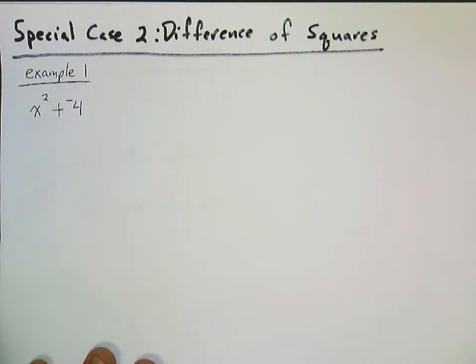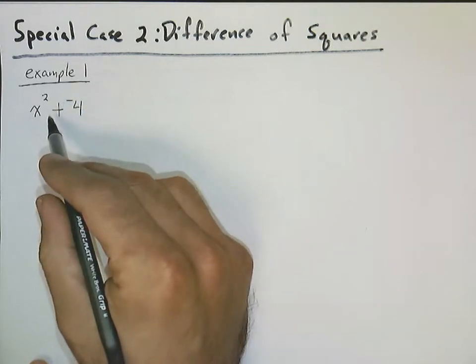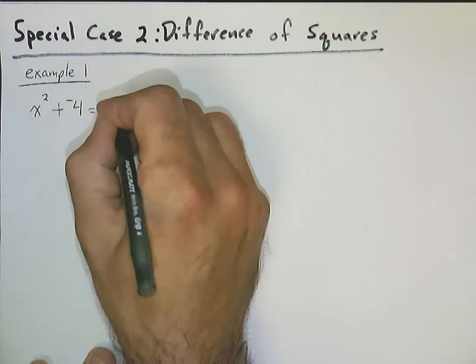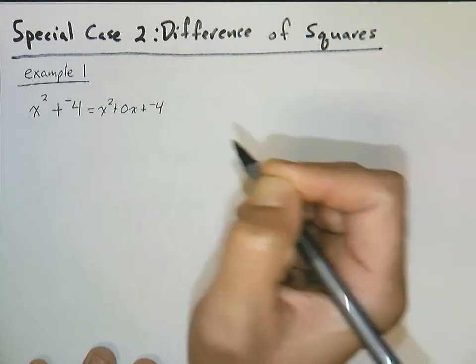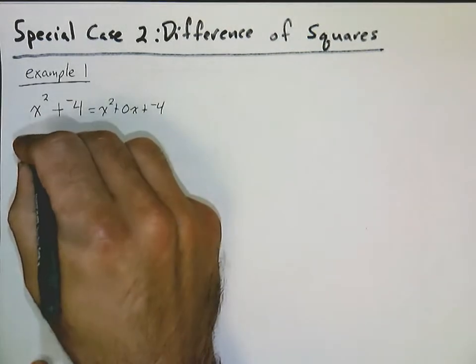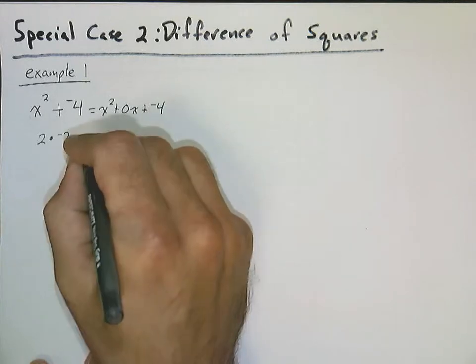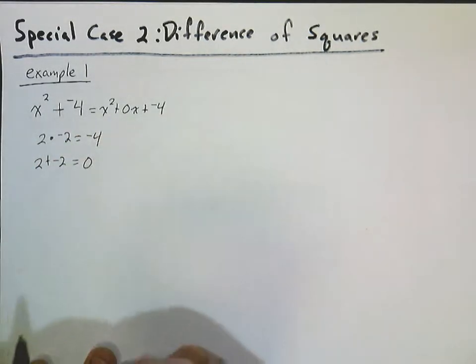So we need two numbers that when we multiply them together we get negative 4, but when we add them together we get 0, because this is really x squared plus 0x plus negative 4. And the two numbers that work for that are, of course, 2 and negative 2. The product of those two things is negative 4, and the sum of those two things is 0.